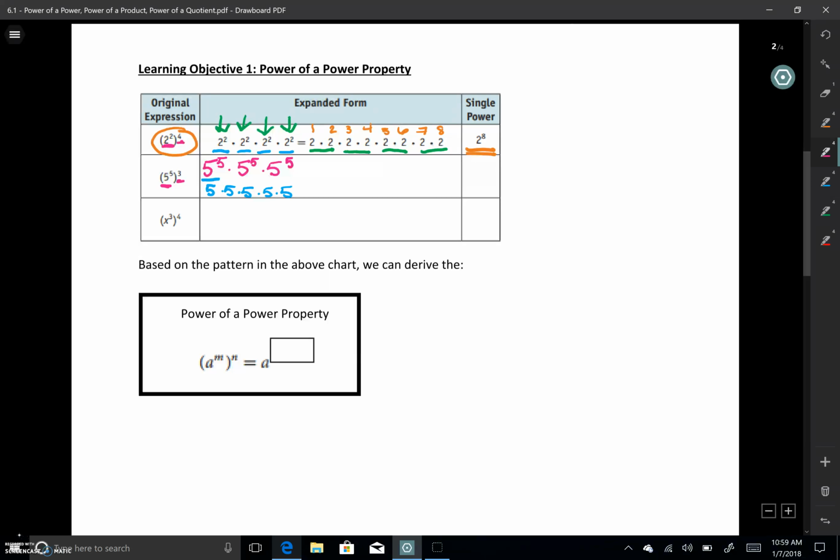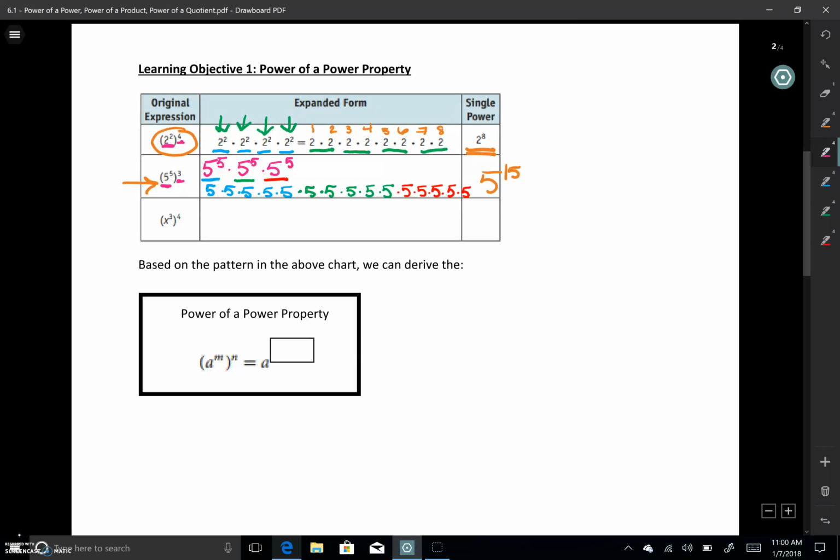Then I'm going to move on to my second 5 to the 5th power, which is another 5 times 5 times 5 times 5 times 5. And then my last 5 to the 5th will give me 5 times itself, another 5 times. If I count all of these together, 1, 2, 3, 4, 5, 6, 7, 8, 9, 10, 11, 12, 13, 14, 15, I can see that I can rewrite this 5 to the 5th, all to the 3rd power, as 5 to the 15th power.